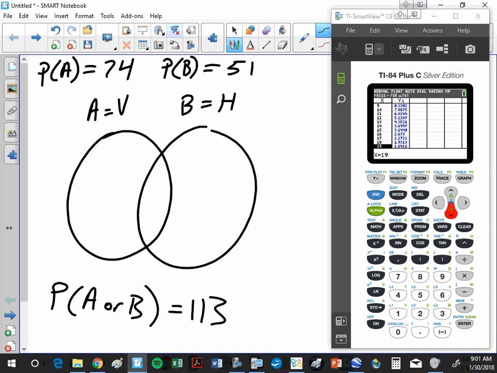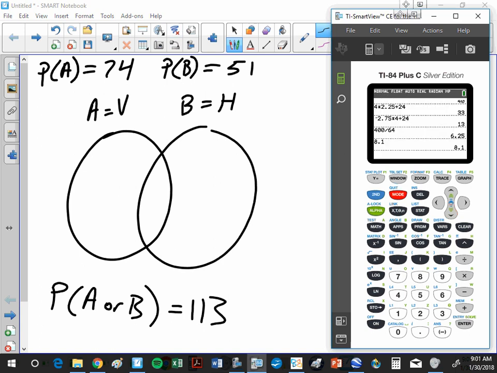Okay. Are any kids both? How do we figure that out? We add A and B together. So I take 74, and I add that to 51, and I end up with 125.